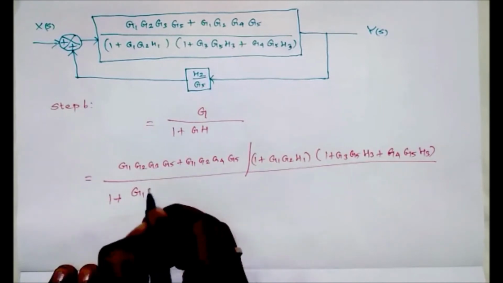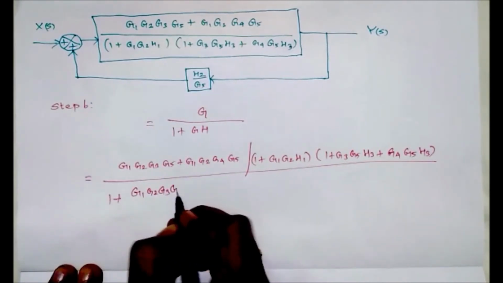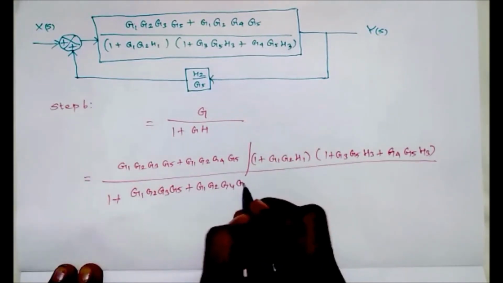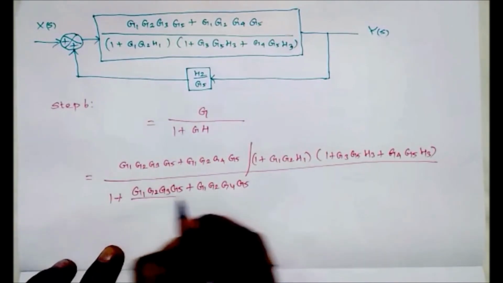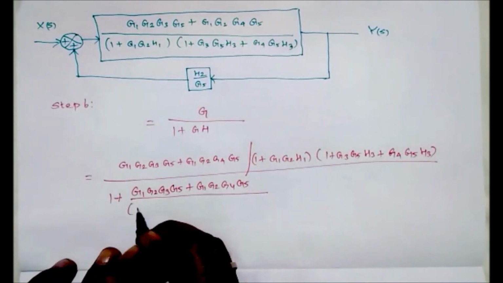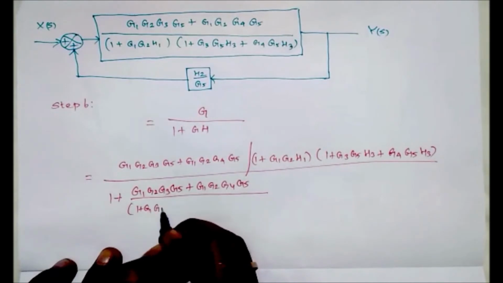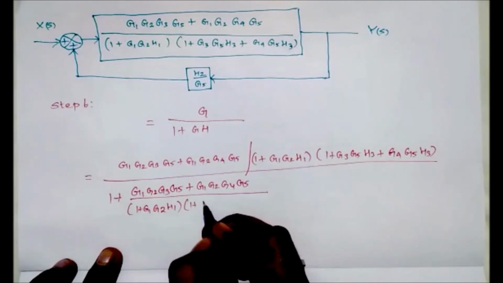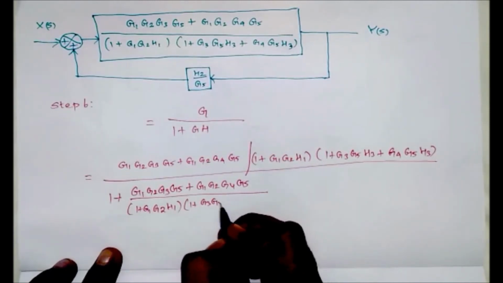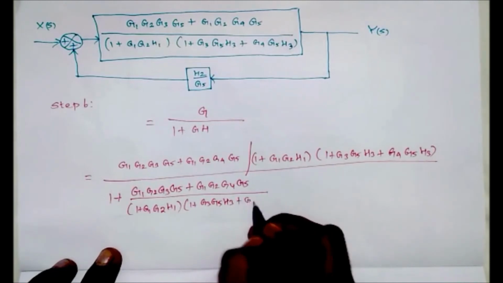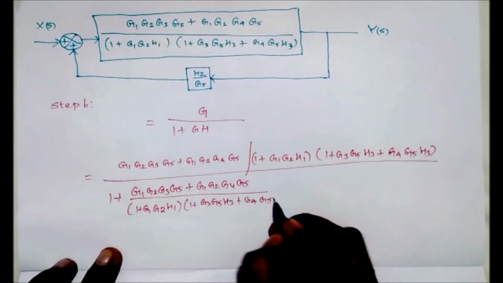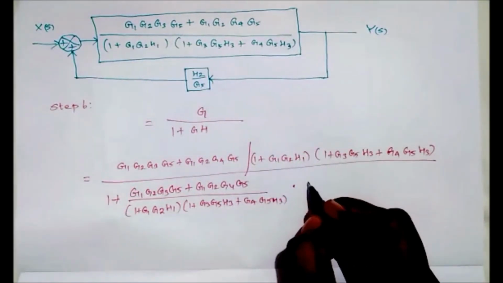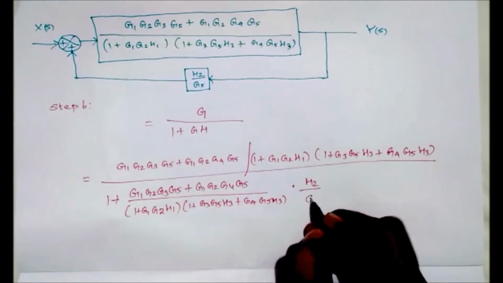Once again we have to write here G1, G2, G3, G5 plus G1, G2, G4, G5 divided by 1 plus G1, G2, H1 into 1 plus G3, G5, H3 plus G4, G5, H3, into the feedback gain, which here is H2 divided by G5.